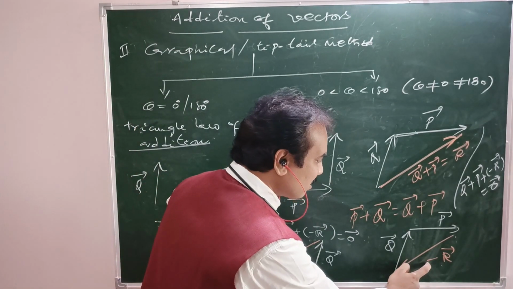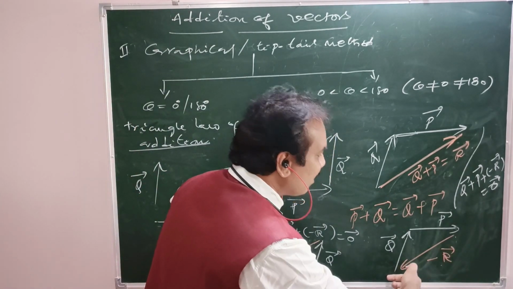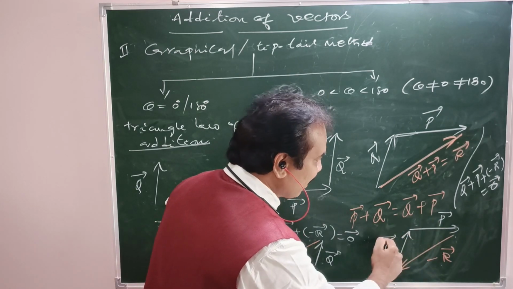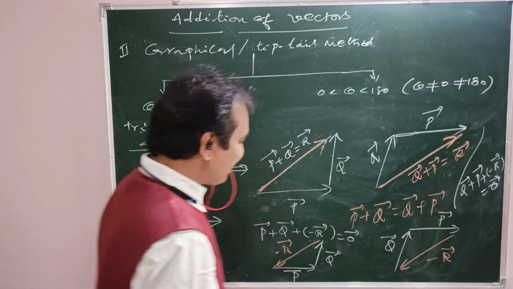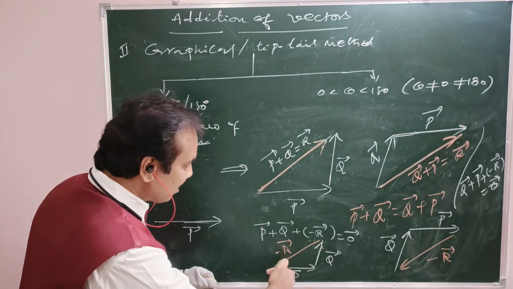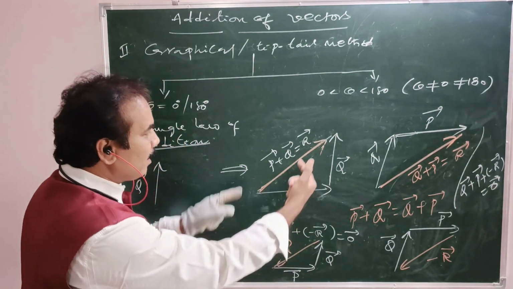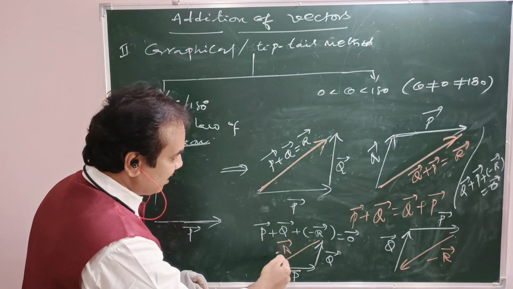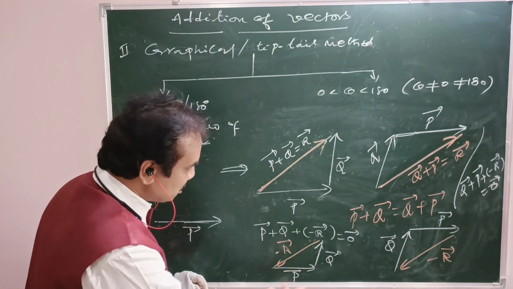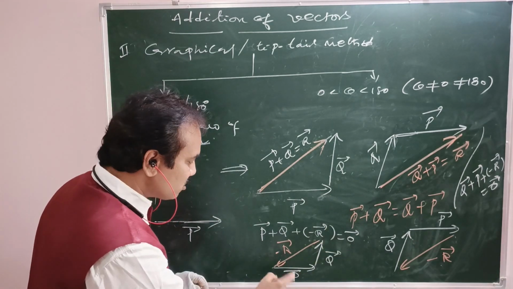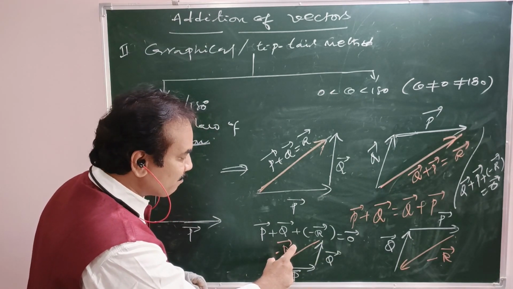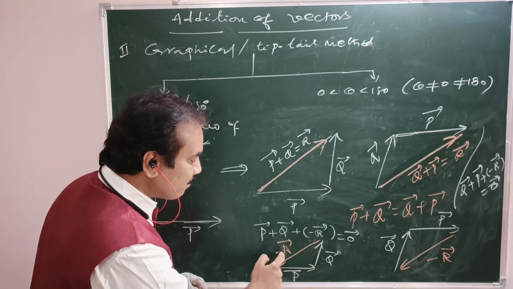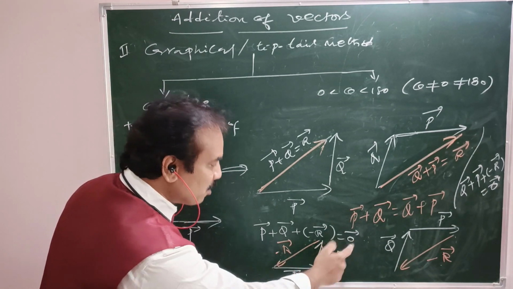Here also, by making reverse this vector, that is with minus R bar, we can have 0 resultant like that. Means this vector balances the effect of parent vectors, such that to have 0 resultant.